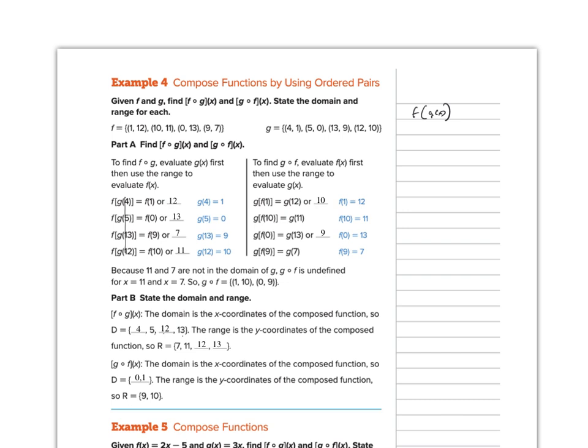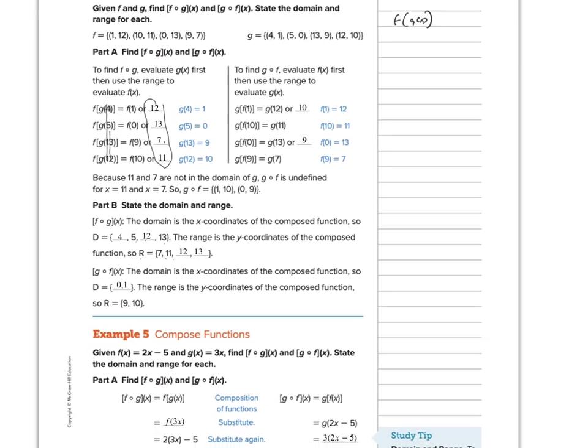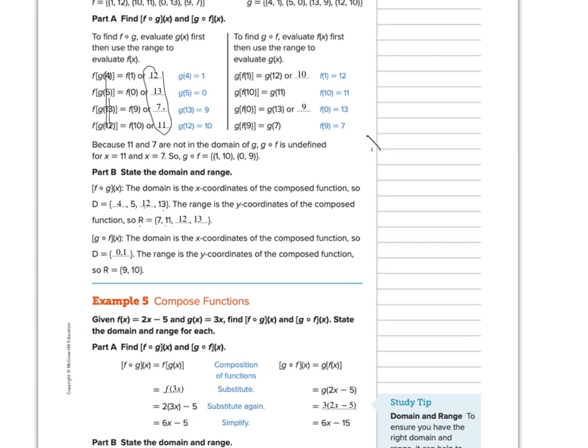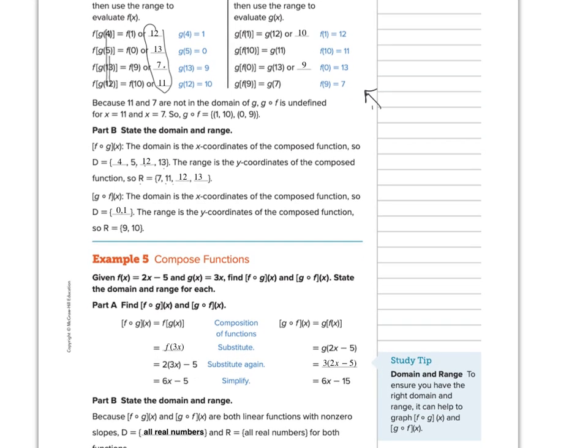The range of the y-coordinates of the composed function is going to be 7, 11, 12, 13. The output, when I plugged those values in, I got out that. We'll do a handful of these in class to make sure that we understand what's going on. Tables are probably a little bit more difficult than the composing of the functions.